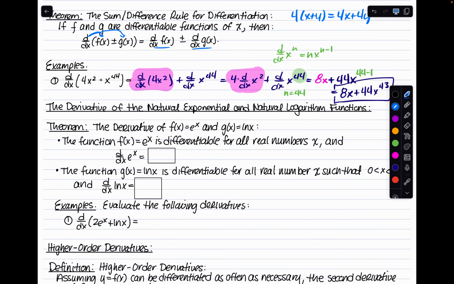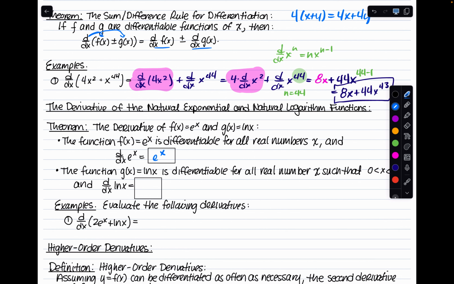Last, I just want to state the derivatives for the base e exponential and the natural log function. And these are formulas. If you reach a point where I'm asking you to take the derivative of one of these functions, you may just write the derivatives. And it is the case that the derivative of the base e exponential is the base e exponential.